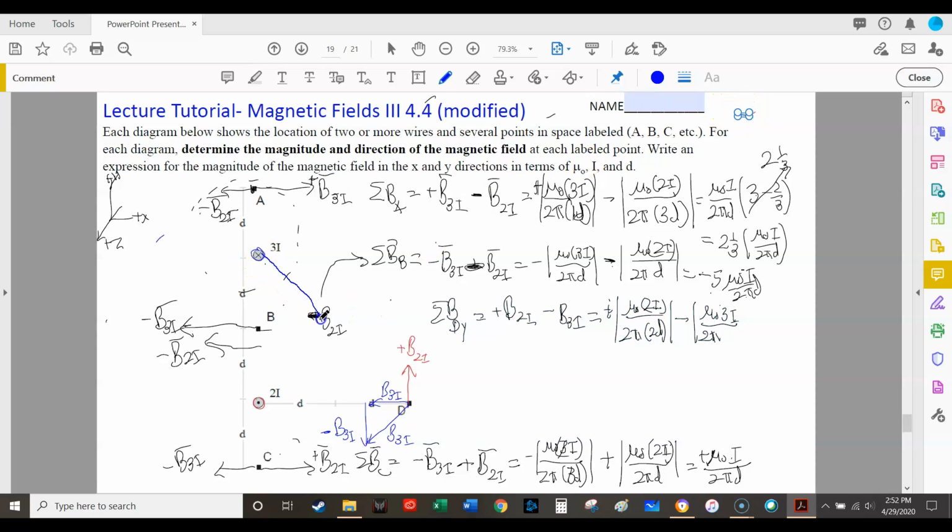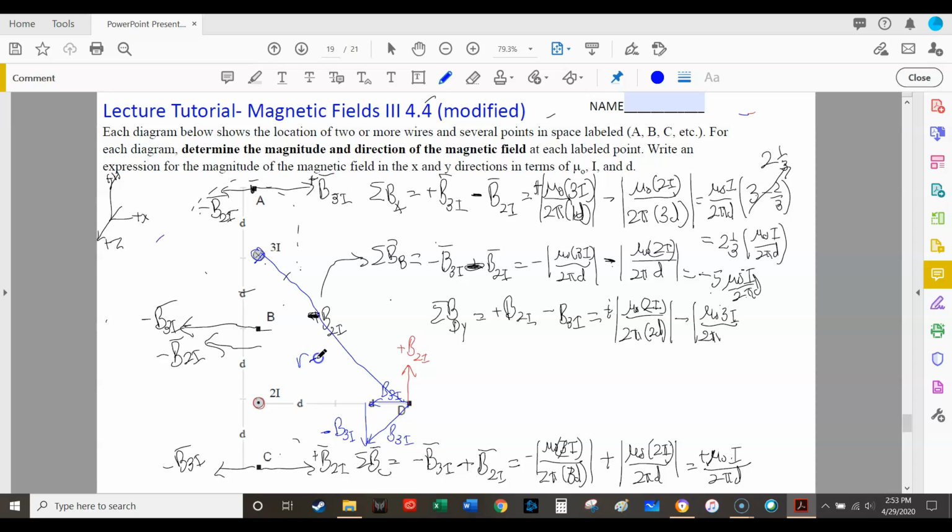This distance to here is what we need to use, okay? Okay, and that distance from here to here is going to be the distance, looks like a distance 2d up and 2d to the right.